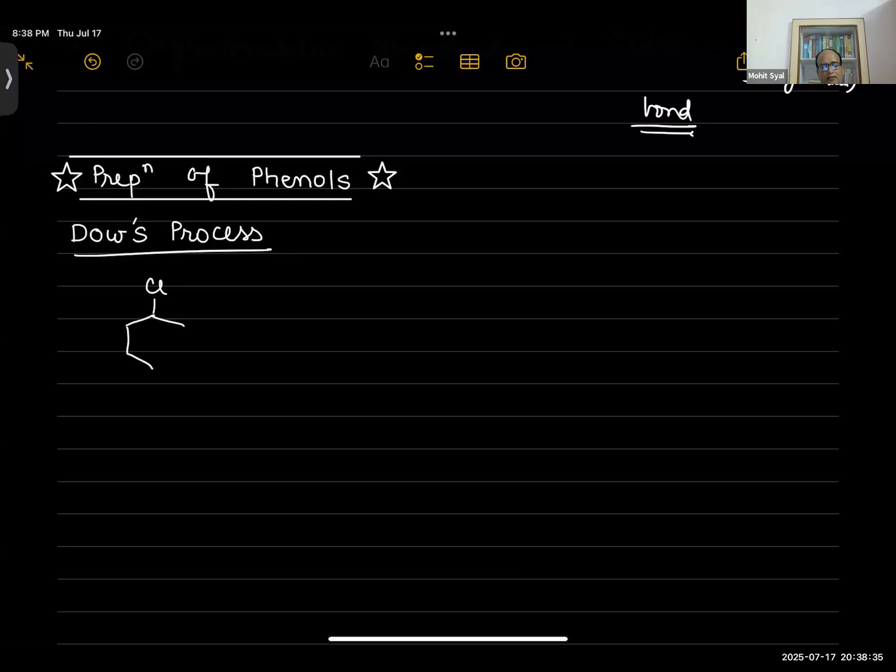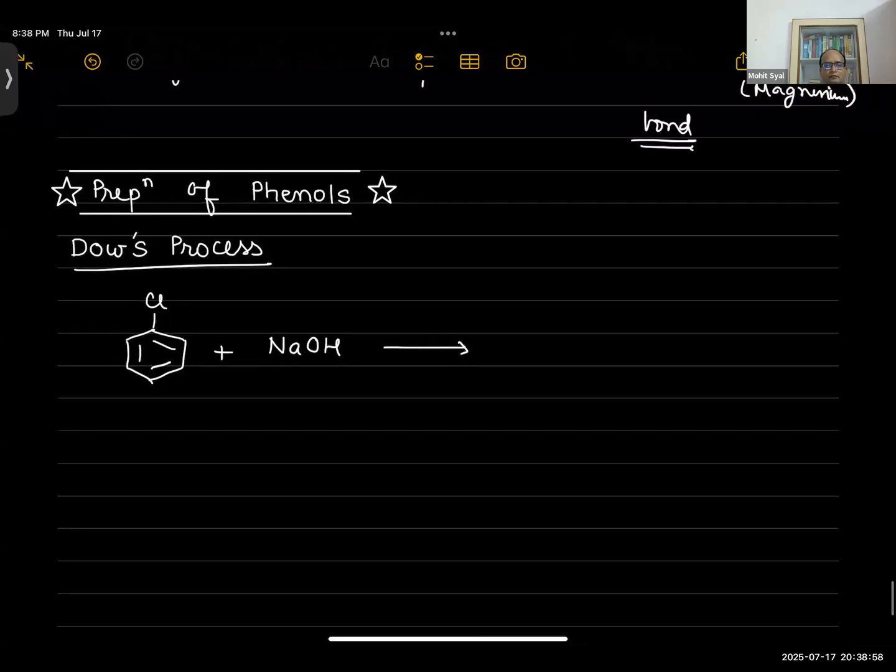So you take haloarene, chlorobenzene. Will the reaction happen easily or with difficulty, as we discussed earlier? It needs some temperature, I think 623 Kelvin.